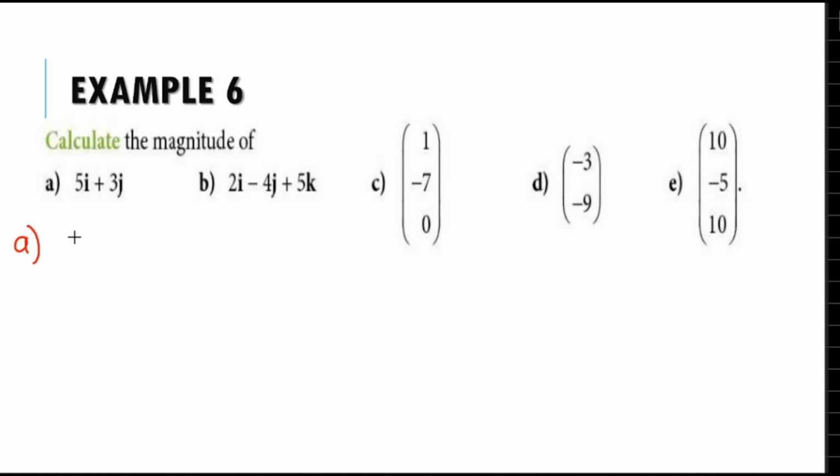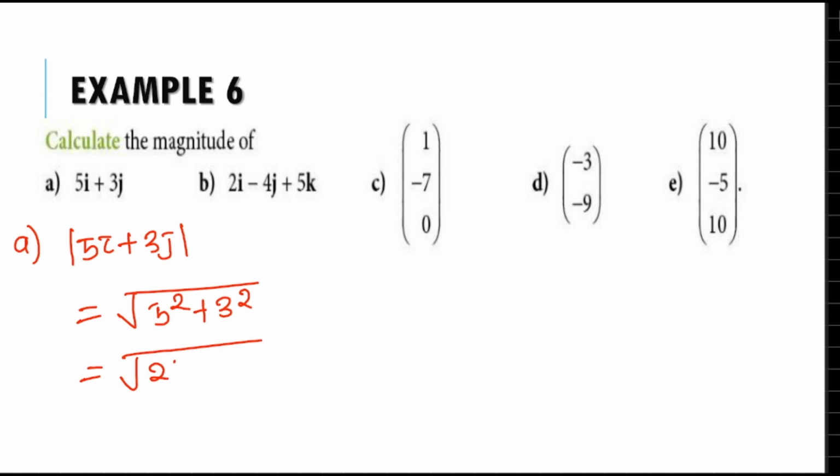We have the magnitude of 5i plus 3j, which equals the square root of 5 squared plus 3 squared, which is the square root of 25 plus 9, which is going to be the square root of 34. We don't put plus or minus, let's leave it like that. If the answer is not in short form and you are not asked to simplify, you can still leave the answer like that.